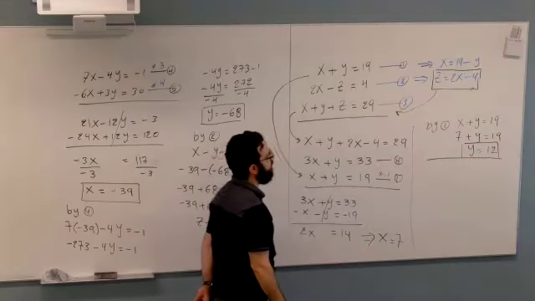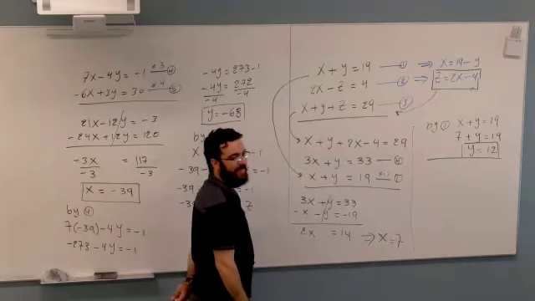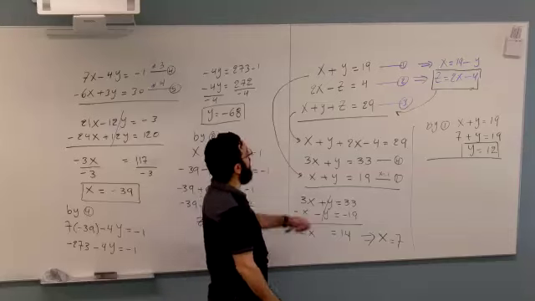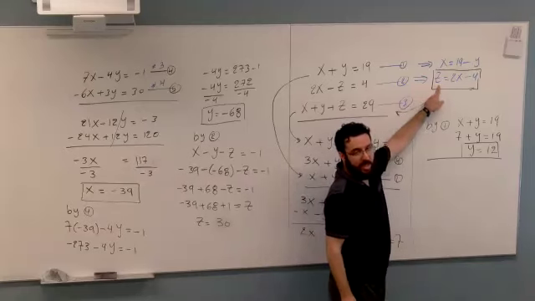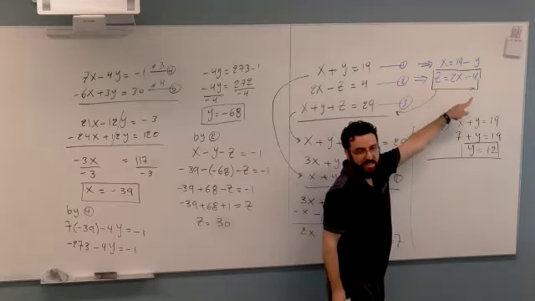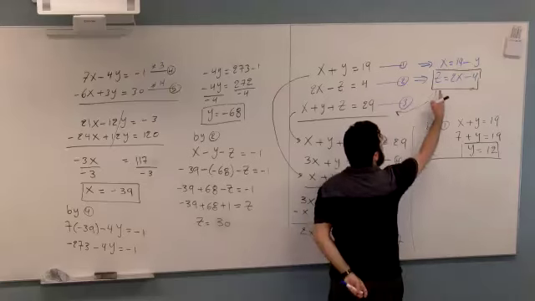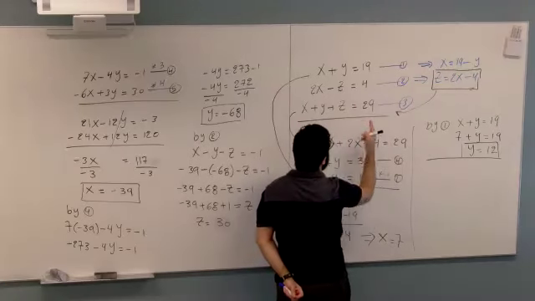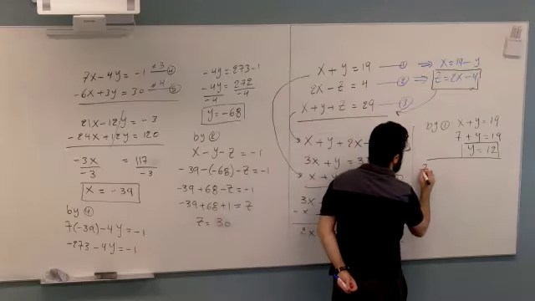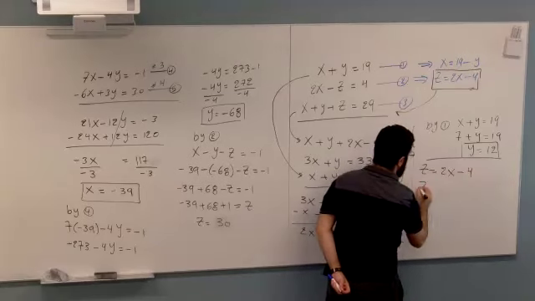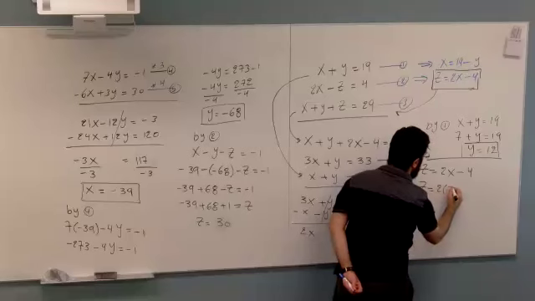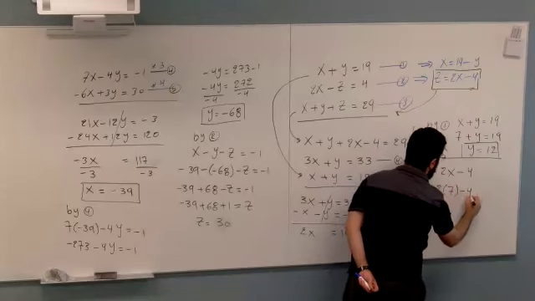I'm going to find the value of z. You're going to plug in here. You're going to plug in how much the value of z? 2x minus 4. Doesn't matter which one. So z equal 2x minus 4. z equal 2 times the value of x, 7, minus 4.